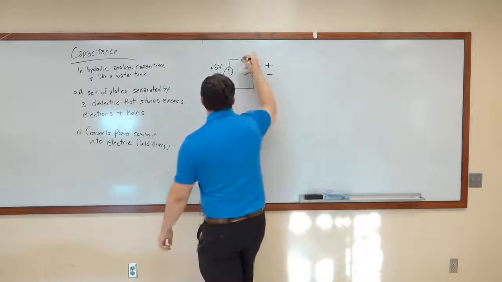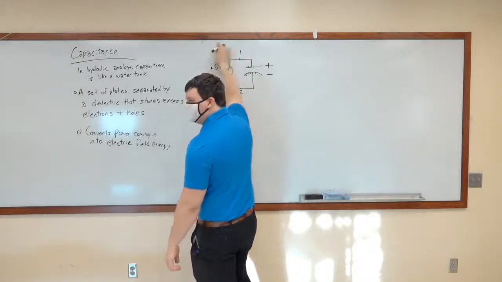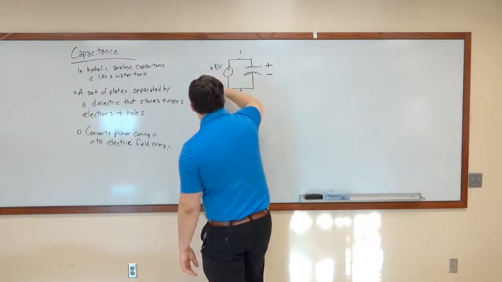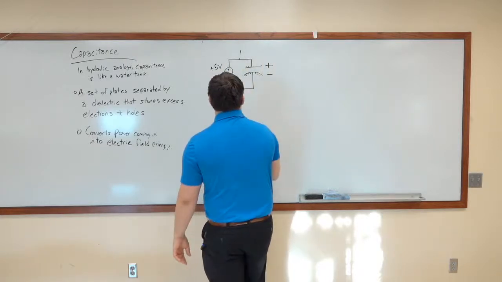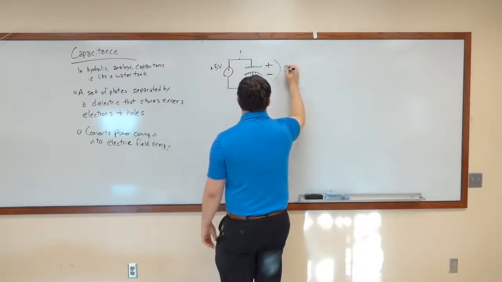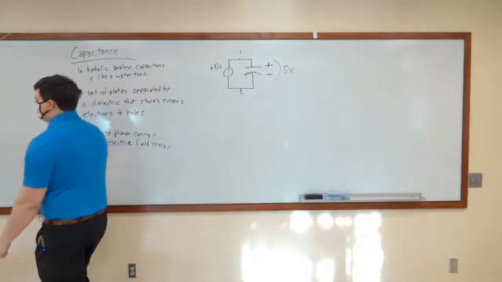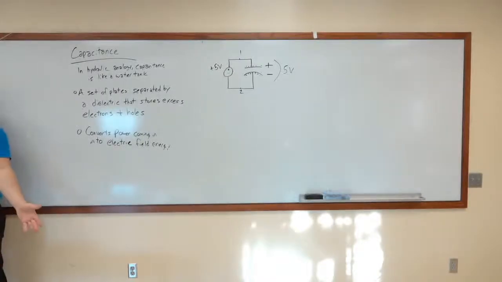All right? There's 5 volts between node 1 and node 2. How do I know that? Because if I do Kirchhoff's voltage law, well, it's plus 5 volts minus 5 volts. So that means there's 5 volts across this. Kirchhoff's voltage law still applies here.